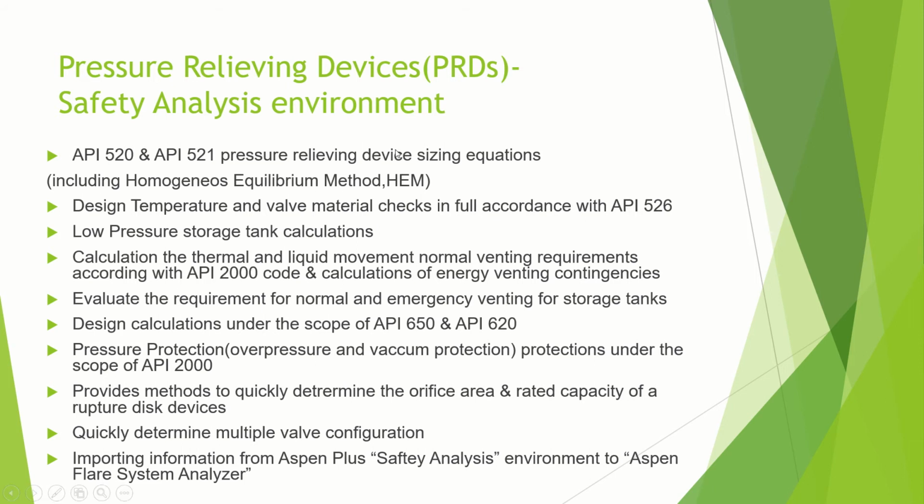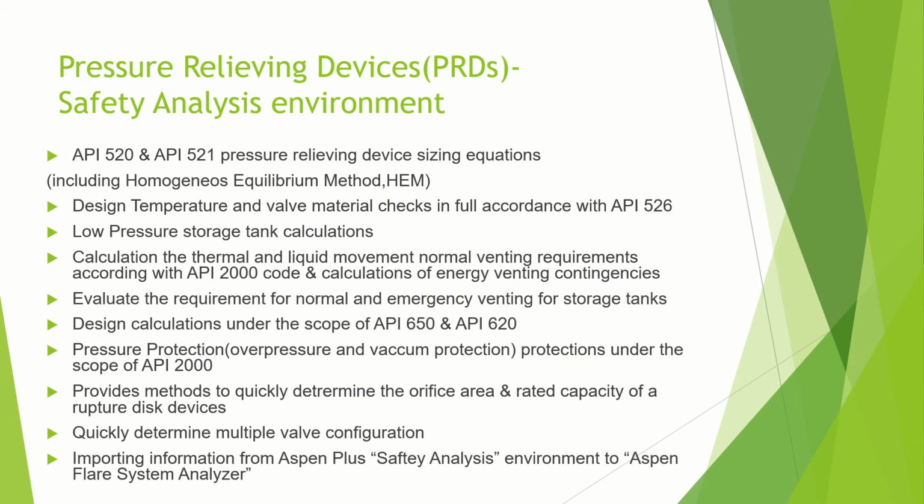The calculations of low pressure storage tanks are according to this standard, and the calculation of the thermal and liquid movement normal venting requirements are according to the API 2000 code, and calculation of energy venting contingency is also done in this module.